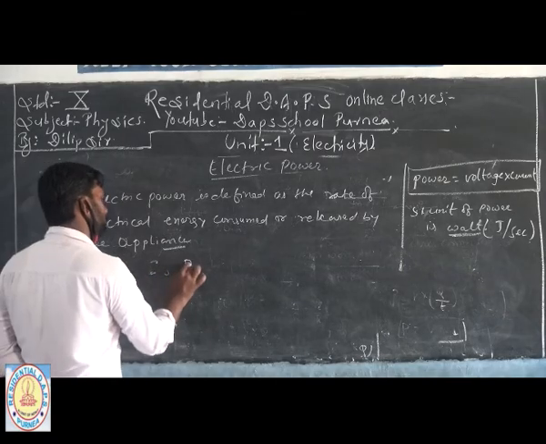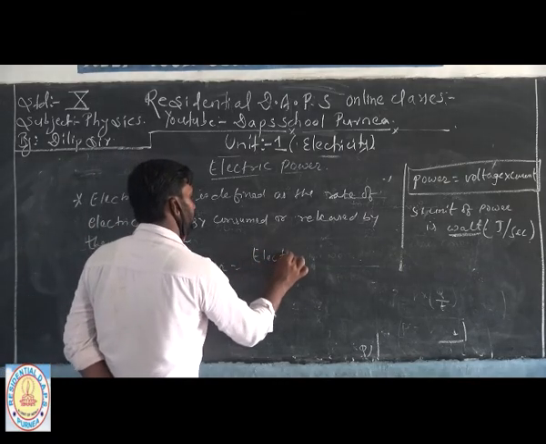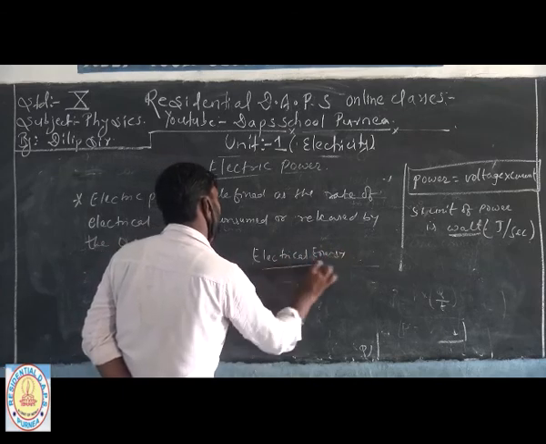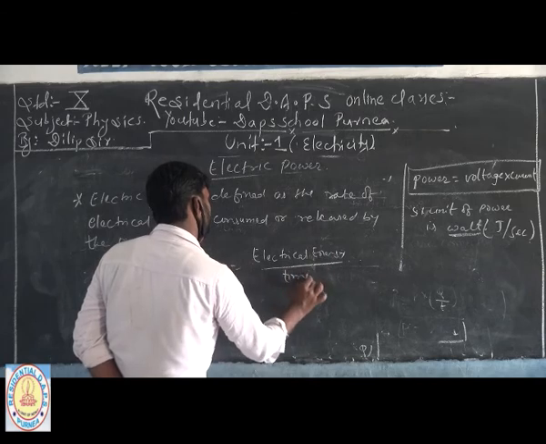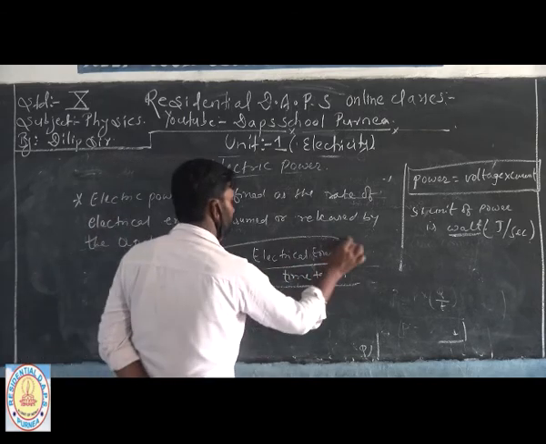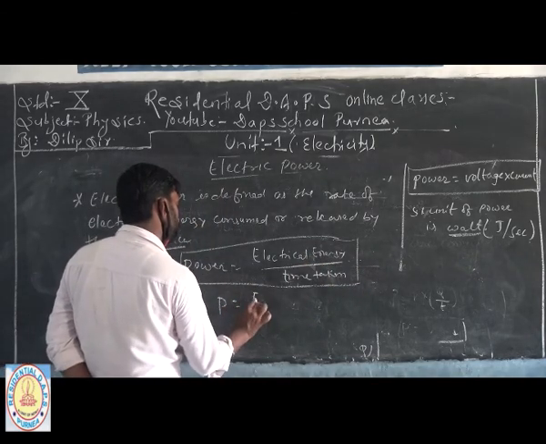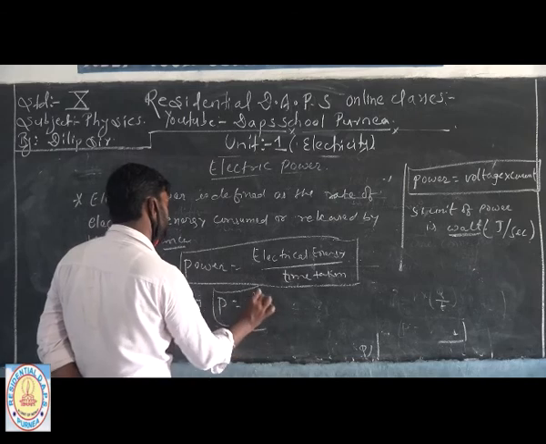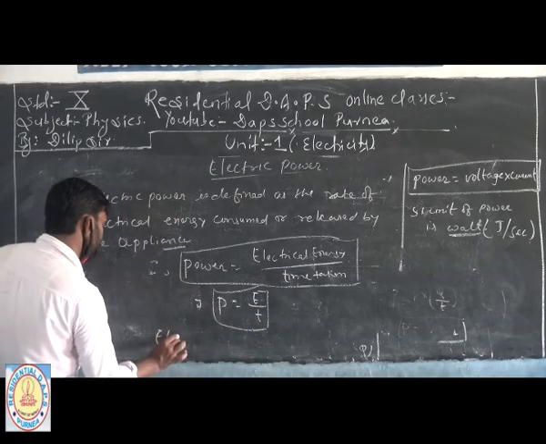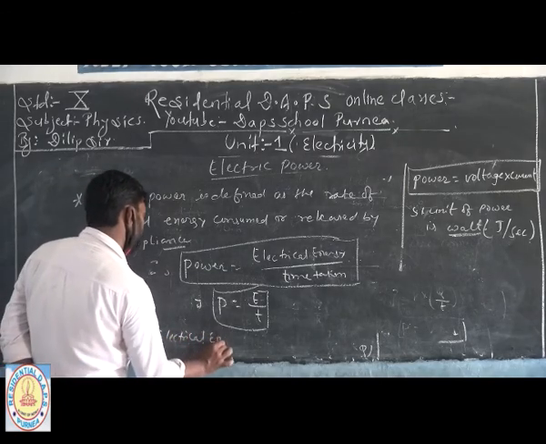Therefore, power equals electrical energy by time taken. This implies P equals E by T. In this way, energy can be calculated.